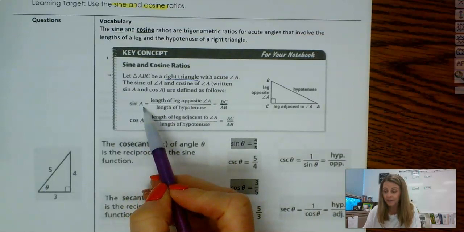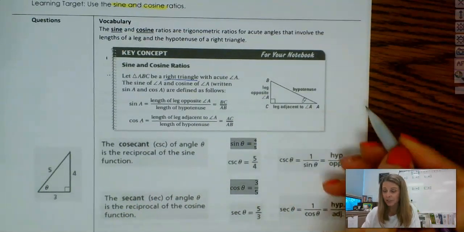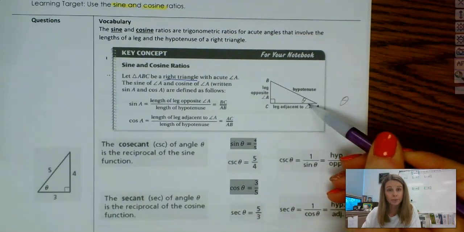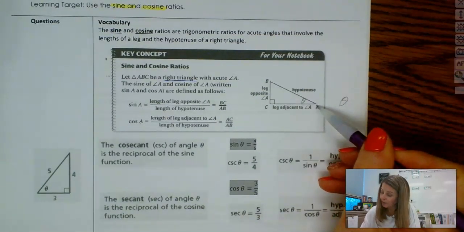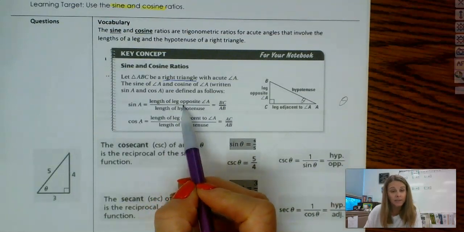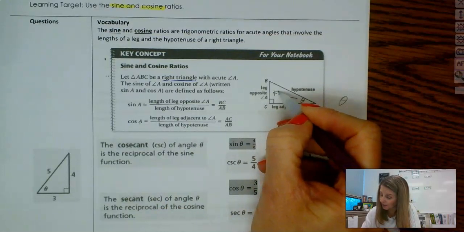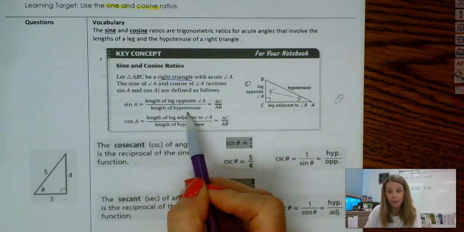All right, so the sine of angle A, okay, so I'm going to put this theta. Remember we talked about this. Greek letter theta is often used to just refer to an angle. Theta, I don't know the degree measure here. So from angle A here, the sine is described as the length of the leg that's opposite angle A. So I'm going to go like this, O, and then divided by the length of the hypotenuse.